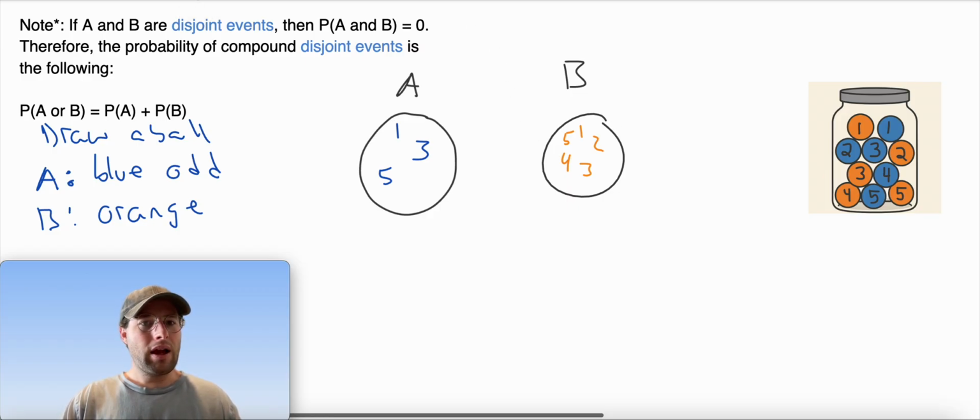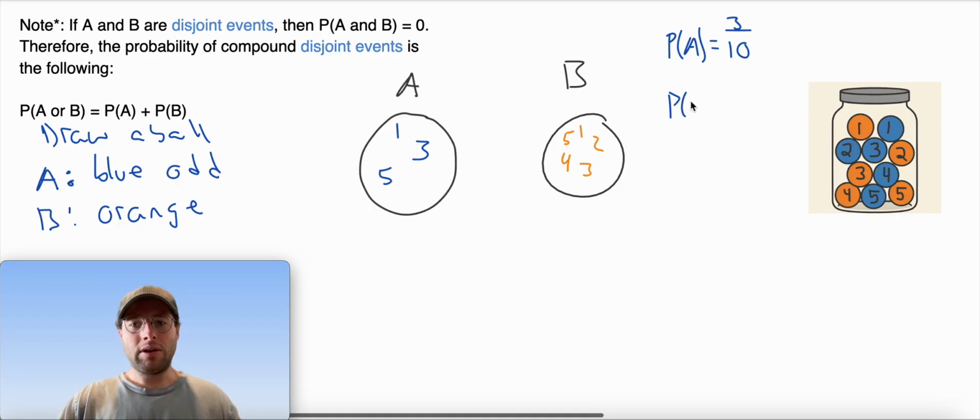Okay, and we can notice here that there are no outcomes that are included in both event A and event B, and therefore they are disjoint. So calculating the probability, we just need to do the probability of A plus the probability of B. What is the probability of A? Well, the probability of A equals the number of favorable outcomes here, which there are 3, over the total possible outcomes.